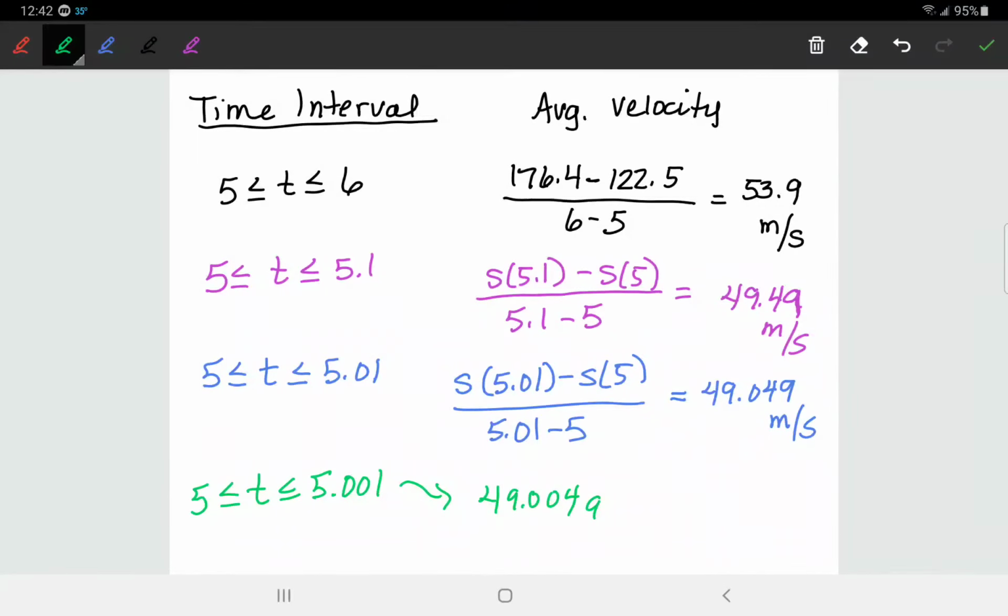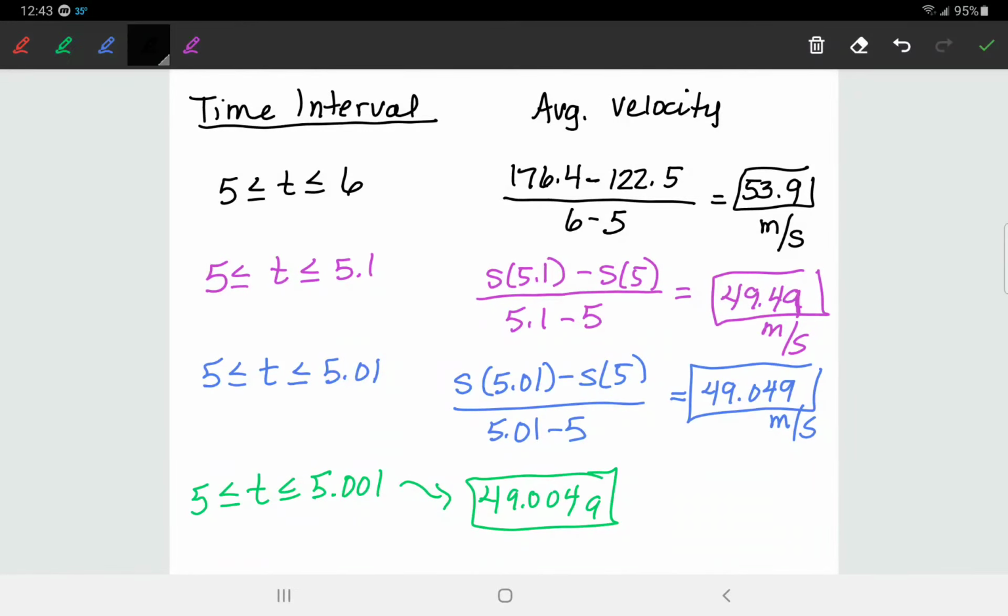So what can we say then? As we look at these values, what's happening? We start at 53.9, we go to 49.49, then it's 49.049, and then it's 49.0049.